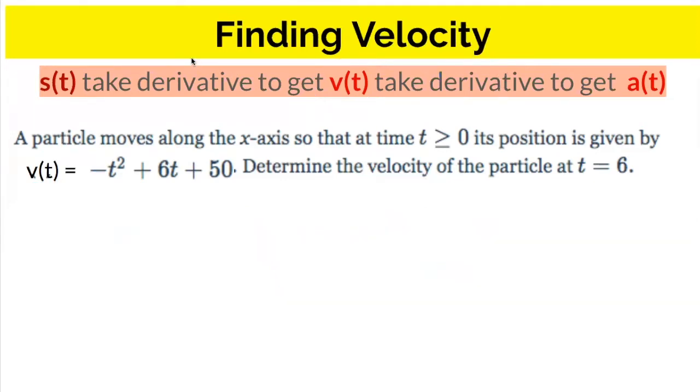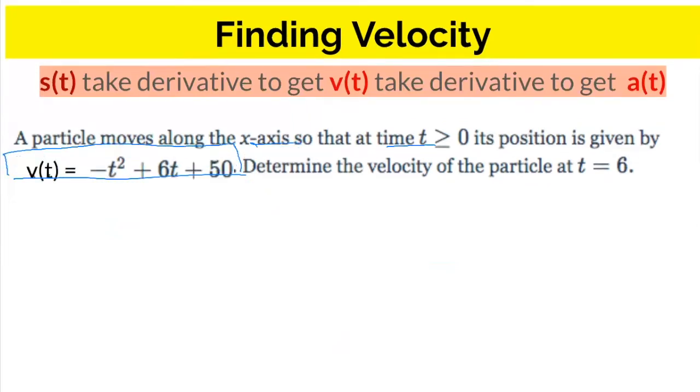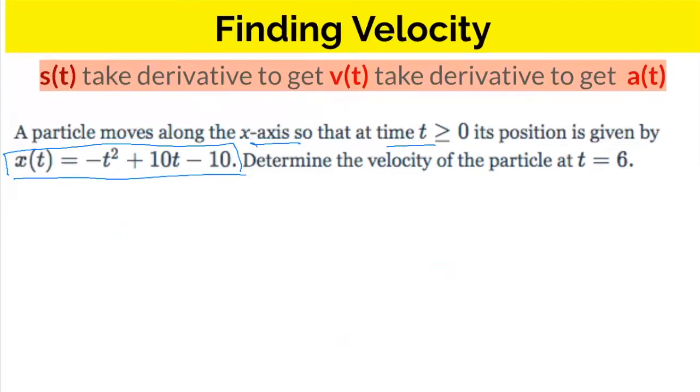Now it says a particle moves along the x-axis so that for time t greater than 0, its position is given by this. Look how this one is different from the last one. This time it's giving us the original position function, and it says to determine the velocity.